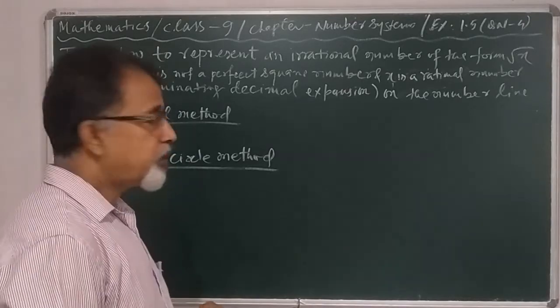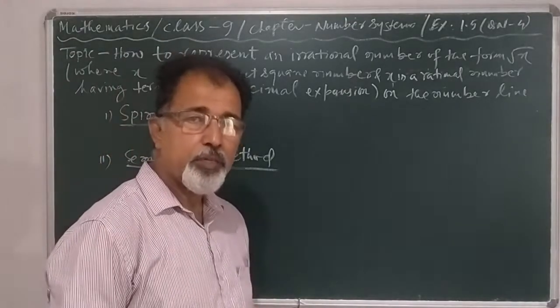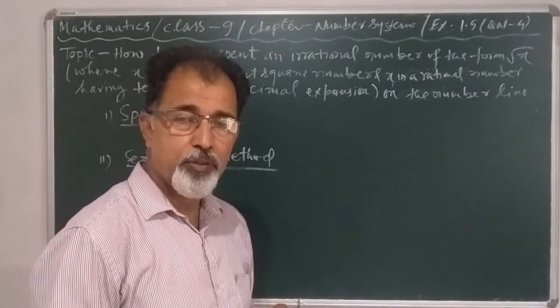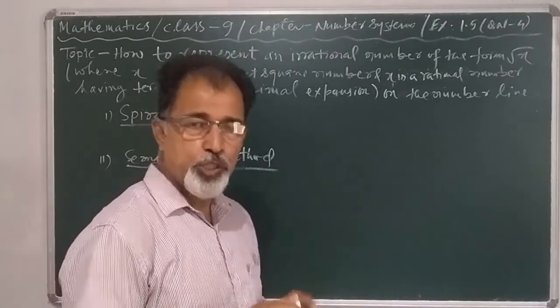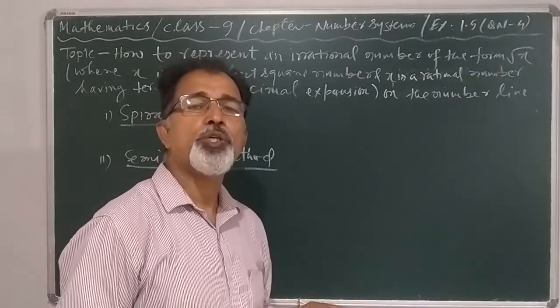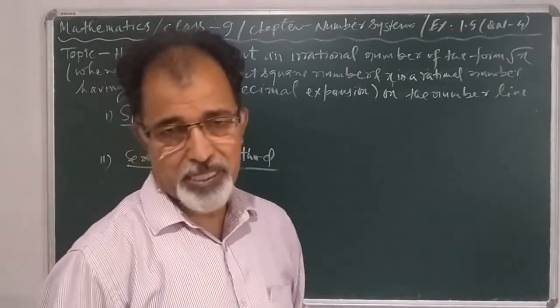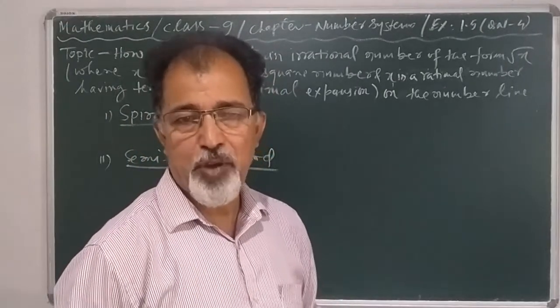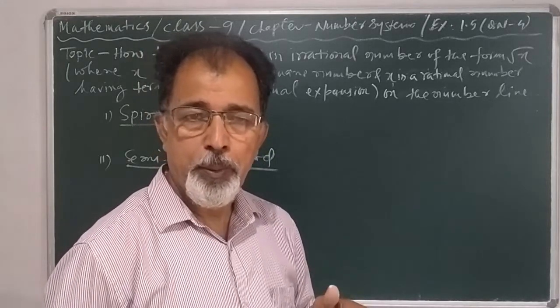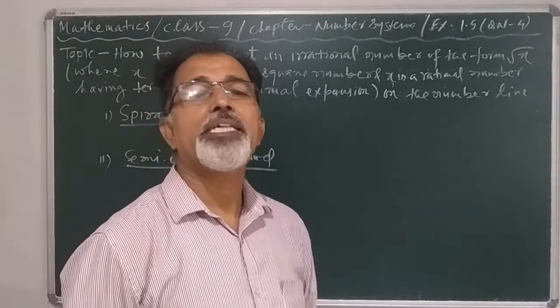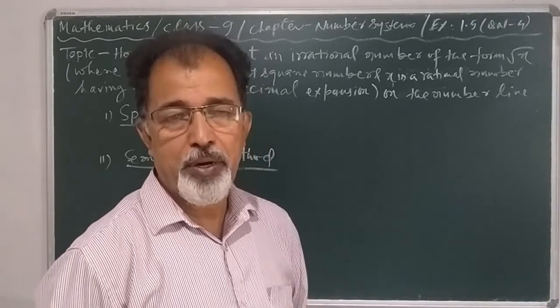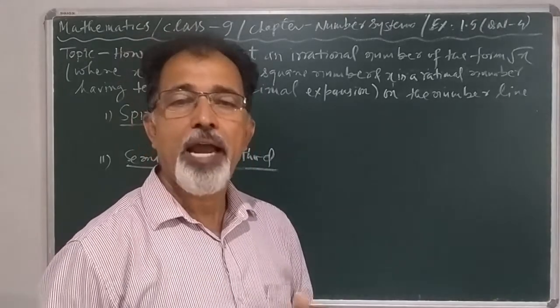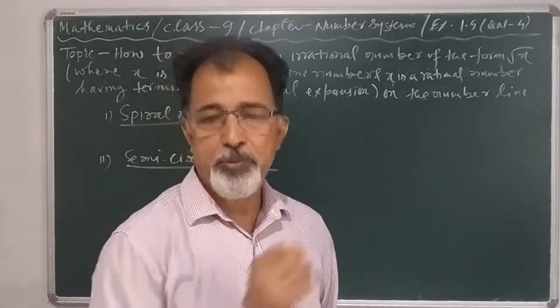Now I am going to take one example of an irrational number which is in the form root over x, where x is not a perfect square number and x is a rational number having terminating decimal expansion.